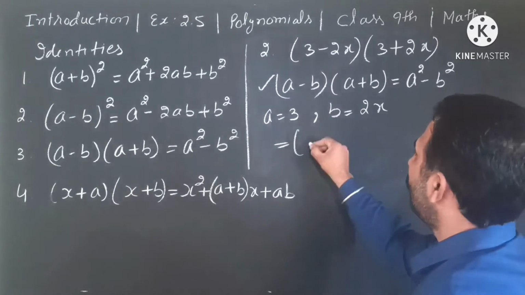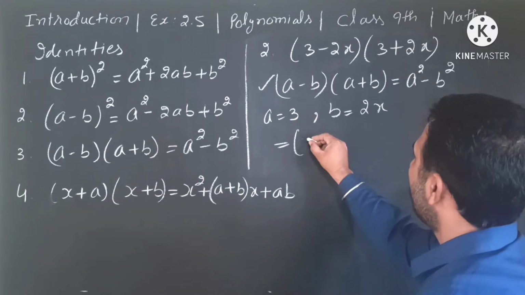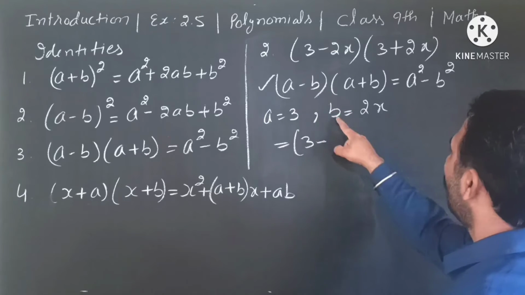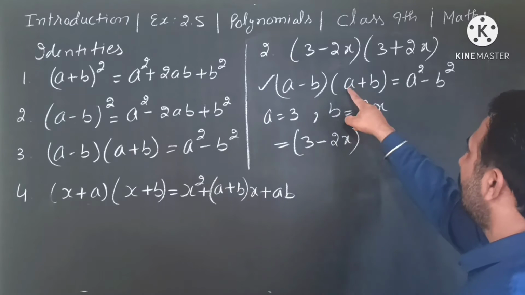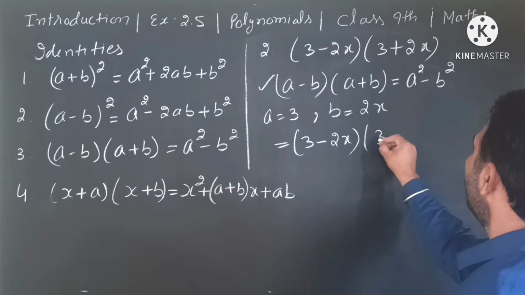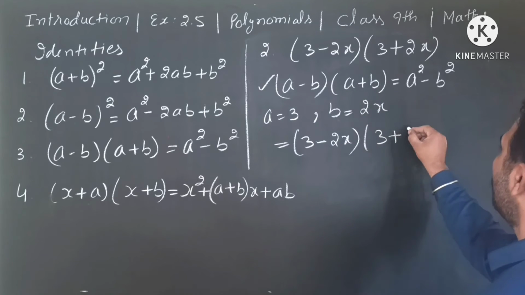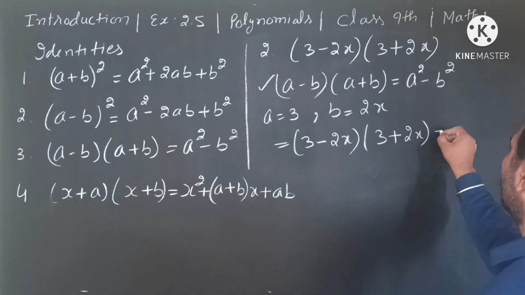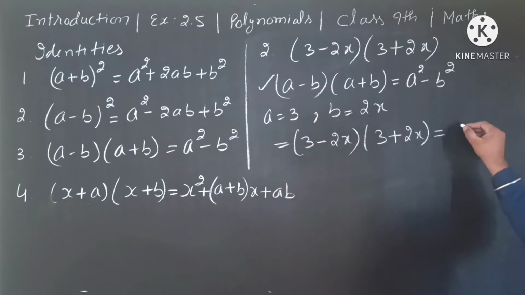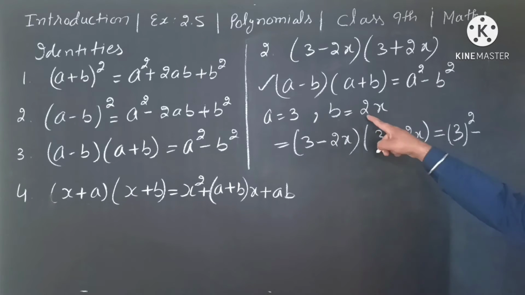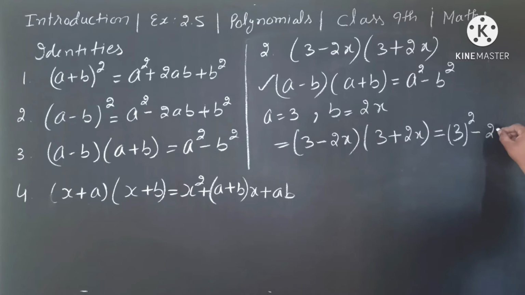Okay, the value of a is 3 minus the value of b is 2x. Brackets close. The value of a is 3 plus the value of b is 2x equal to a square, the value of a is 3 power 2, minus, as it is we will write, okay, the value of b is 2x square.